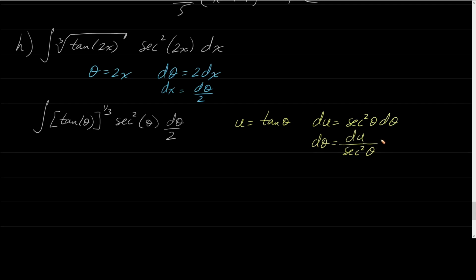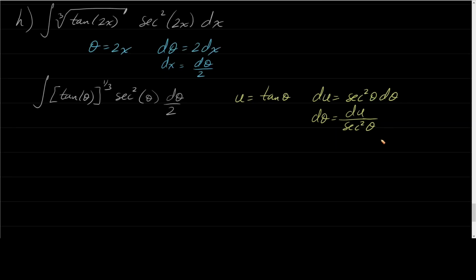And now, when I do that, I end up with the following integral. I end up with the integral of, well, that tan theta, that's our u. So u to the 1/3 times secant squared theta. We did not use that for our substitution, so it's still there.